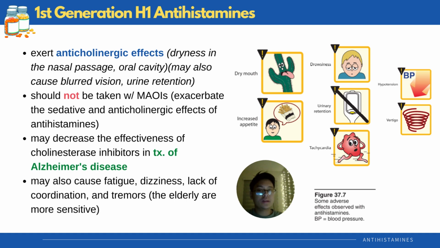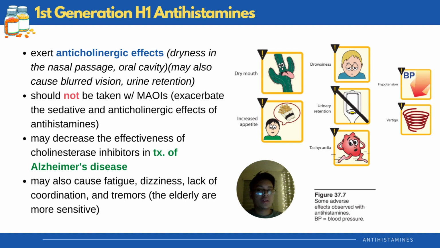An example of this would be diphenhydramine and its salt, which have significant anticholinergic properties. Patients taking monoamine oxidase inhibitors, for example, phenelzine, should not take antihistamines because these drugs can exacerbate the sedative and the anticholinergic effects of antihistamines.